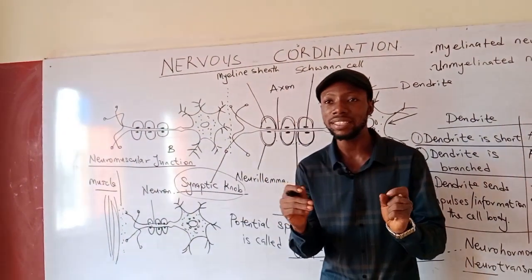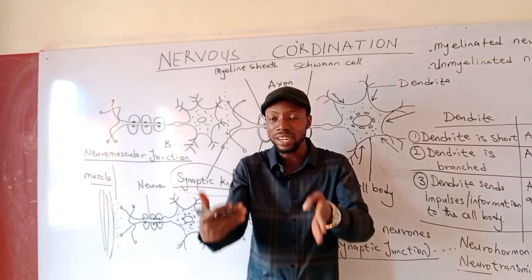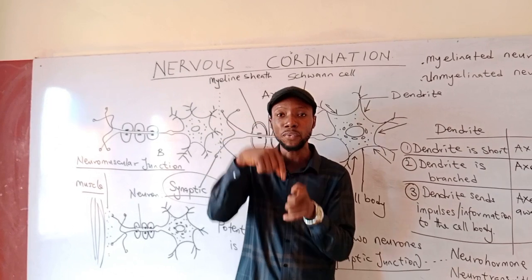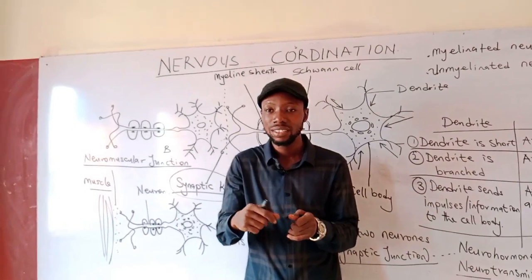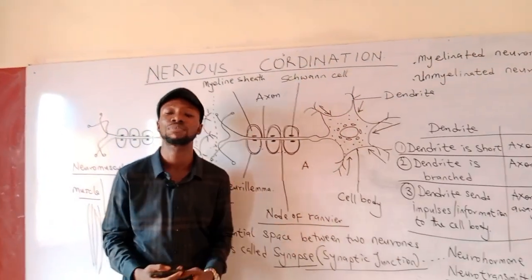The potential space between the terminal neuron and the muscle of the effector organ, that potential space is also filled with neurotransmitters. The space is known as neuromuscular junction.